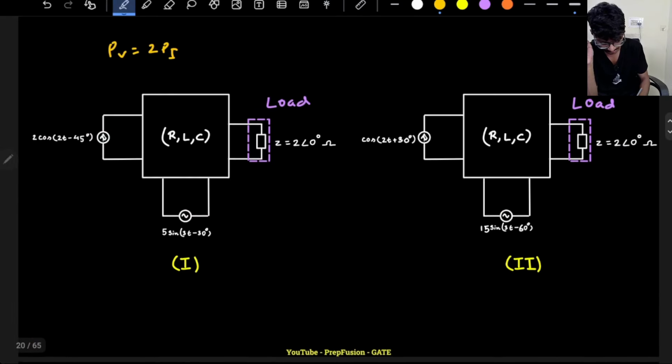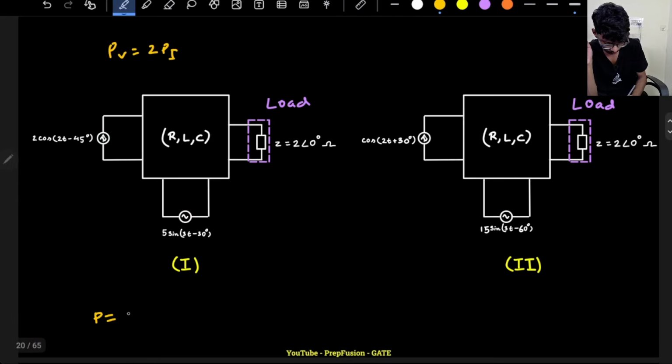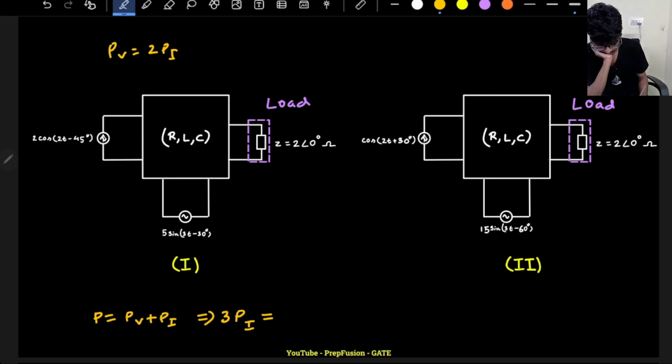So definitely I will directly write here that overall power P will be equals to PV plus PI, that is PV is 2 PI, so it will be 3 PI. So 3 PI is equals to P. P is how much?